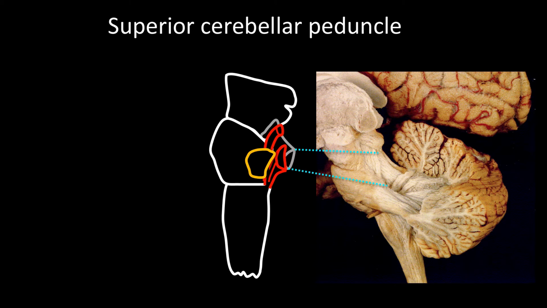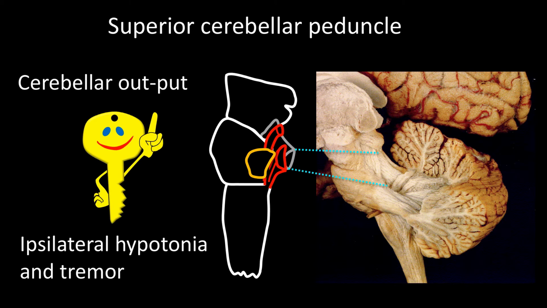Here indicated is the superior cerebellar peduncle. This peduncle is made of mostly fibers leaving the cerebellum. Injury to the superior cerebellar peduncle produces ipsilateral findings. The findings are hypotonia and postural tremor when attempting to sustain a position.